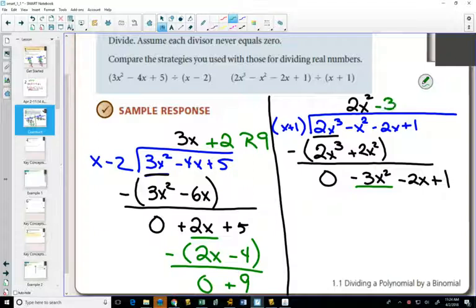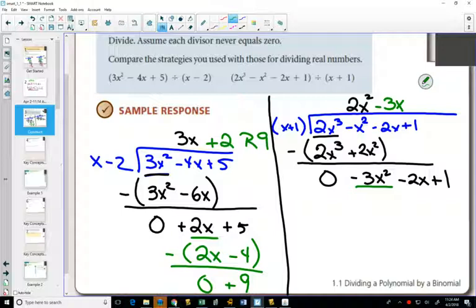And then we write that above our x column. Yes? So after we subtract, so at this point I'm doing 2x cubed minus x squared minus 2x plus 1 in blue. I'm subtracting this here. This minus this will be 0. Minus x squared minus a 2 will give me that minus 3x squared.